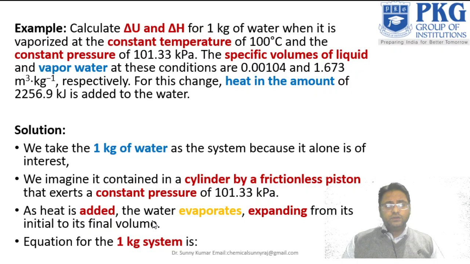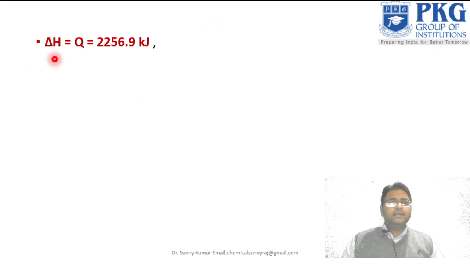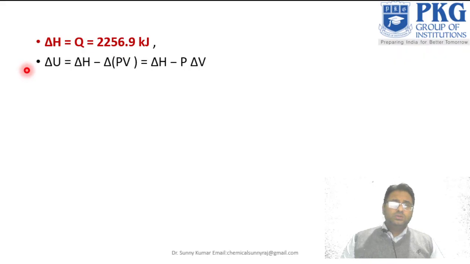So the equation for the 1 kilogram system will be del H equal to Q, which is 2256.9 kilojoule.